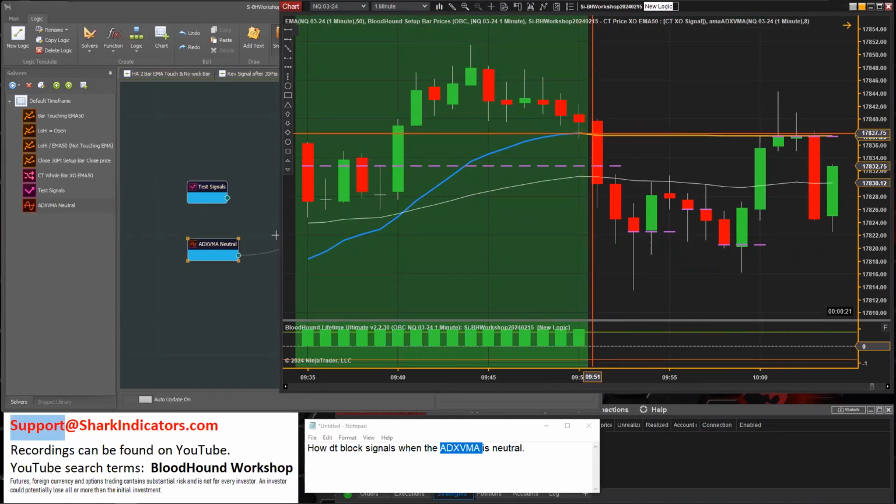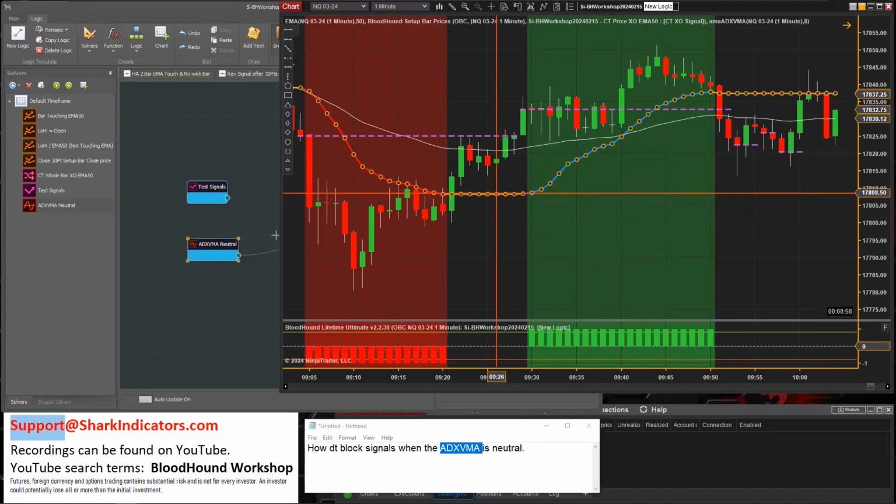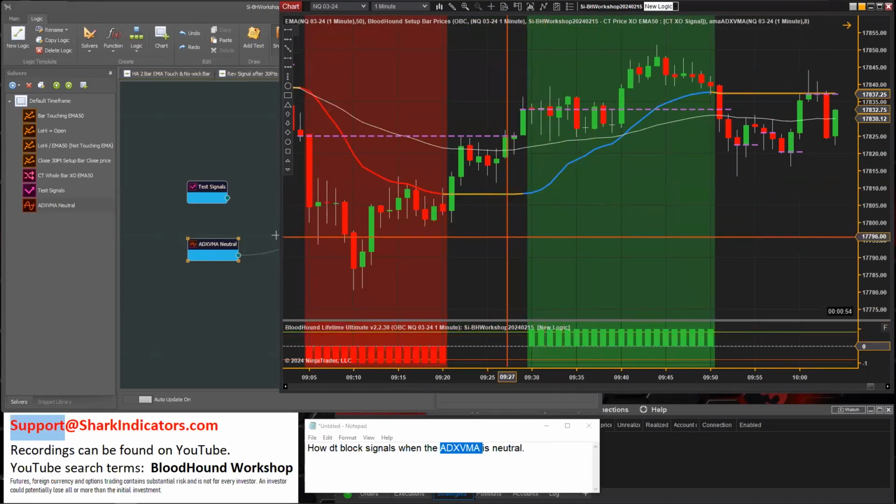So because of that little downslope, you can't necessarily rely on the ADXVMA being perfectly flat to tell you it's neutral. So instead, Harry over at Lizard Trader created that trend output to tell us there.